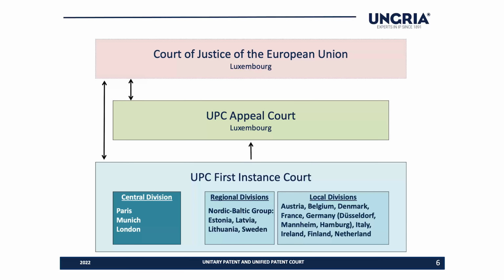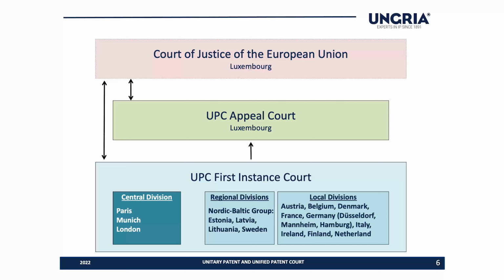But first, let's see what the structure of the UPC will be. The UPC shall include a court of first instance and a court of appeal. The court of first instance shall have a decentralized structure, in which there will be a central division in addition to local and/or regional divisions.